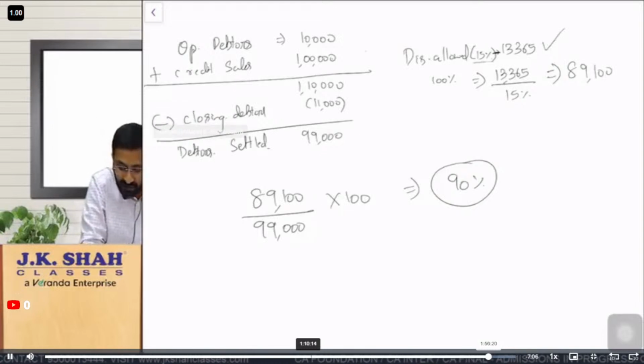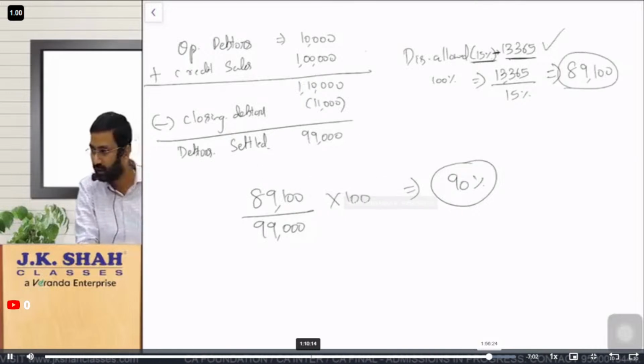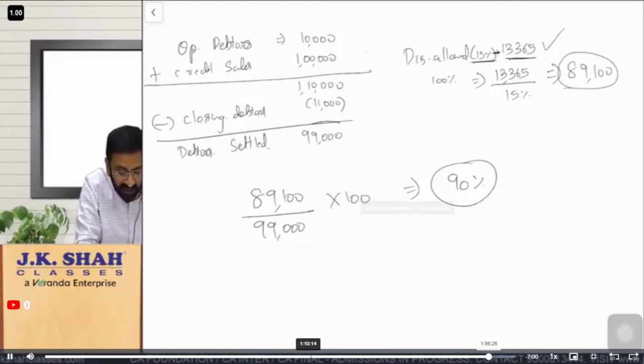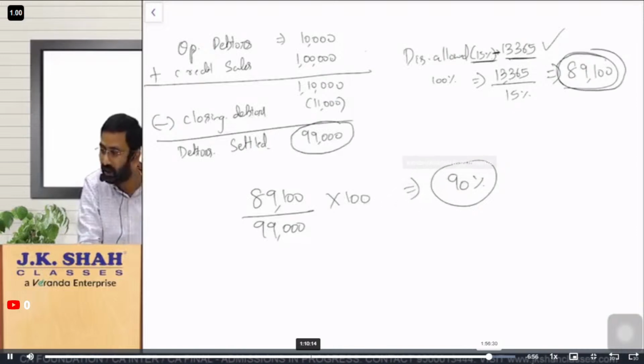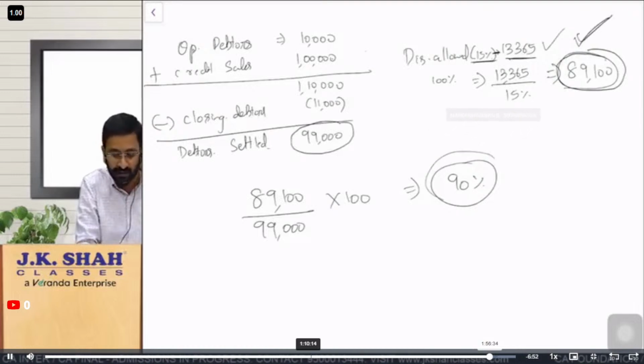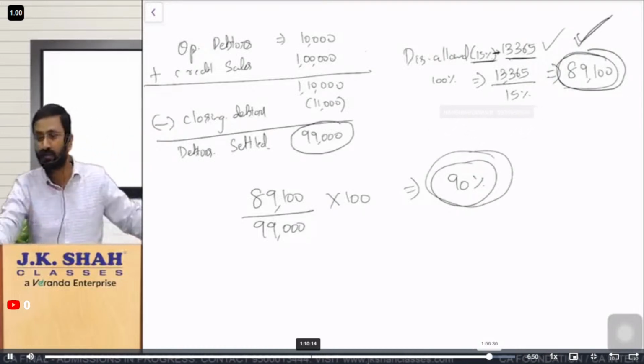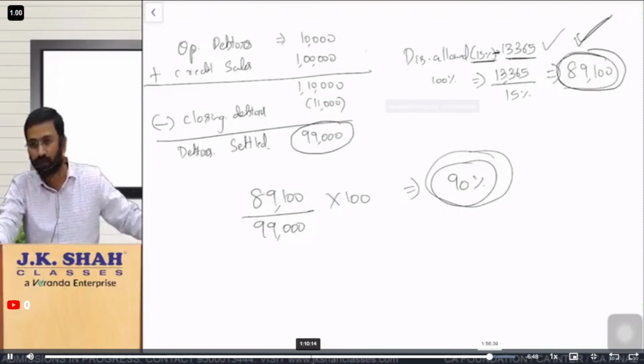If 15% is 13,365, 100% would be 89,100. Which means out of the 99,000, the discount is given only for 89,100, because only these people made a prompt payment. As a percentage, 90% of the customers are doing prompt payment.